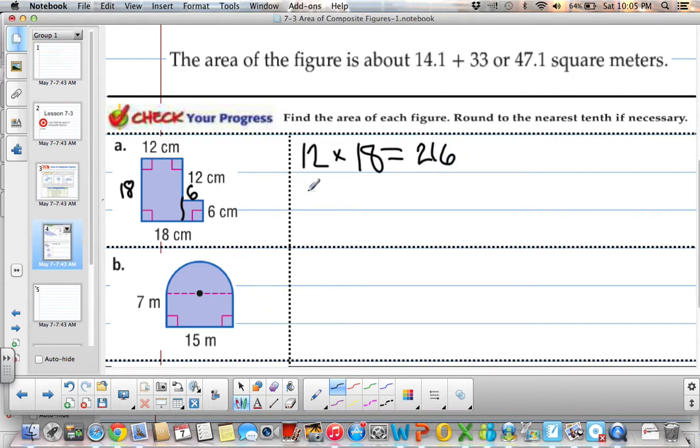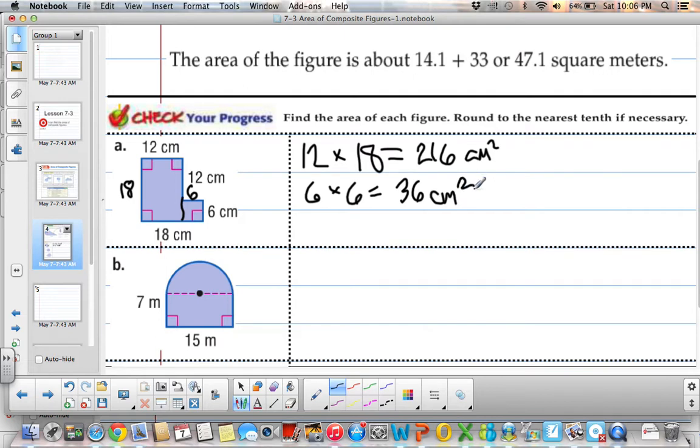And then we take the area of our square, so 6 times 6, and we get 36. And we should label this correctly, even though I'm trying to go fast for you guys. And then we have 36 centimeters squared.